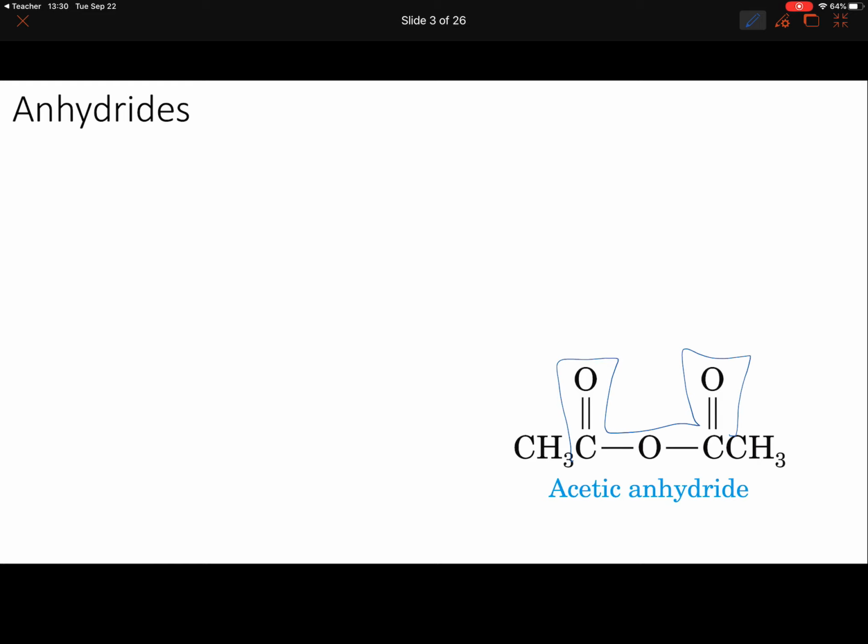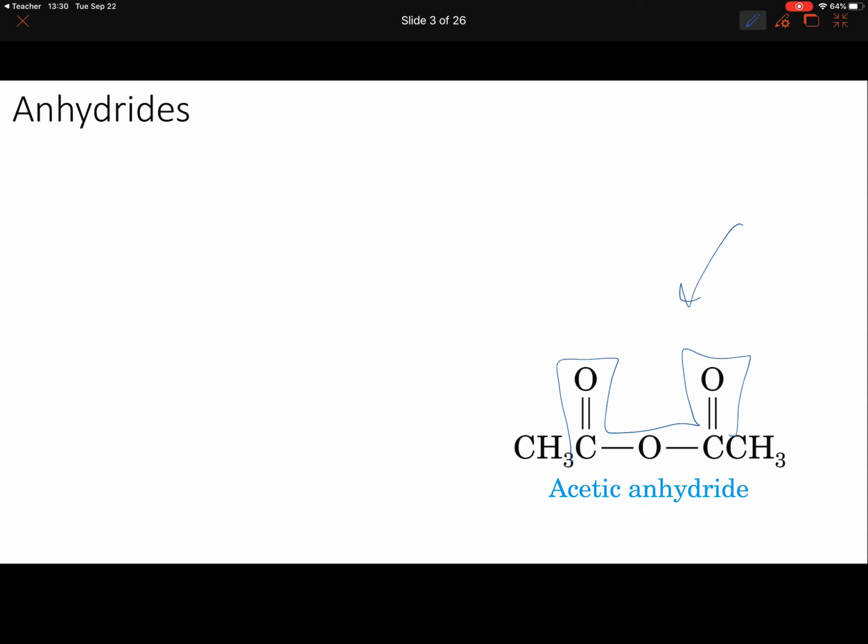The anhydride may be symmetrical, like here, or it can be two different groups. To name the anhydride, we basically just drop the word acid from the name of the carboxylic acid from which the anhydride is derived. So since these are made up of acetic acids, we would just say this is acetic anhydride.